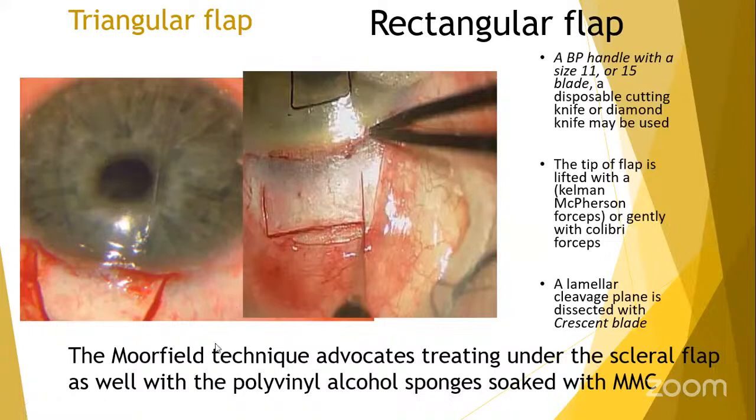In the Murphy technique, it is advised that you complete your flap so that you can put your Merocel pieces on top, under the flap and on top of the flap, so that you will achieve more treatment of your flap and your surgical space, so that you'll have a better and longer lasting bleb.